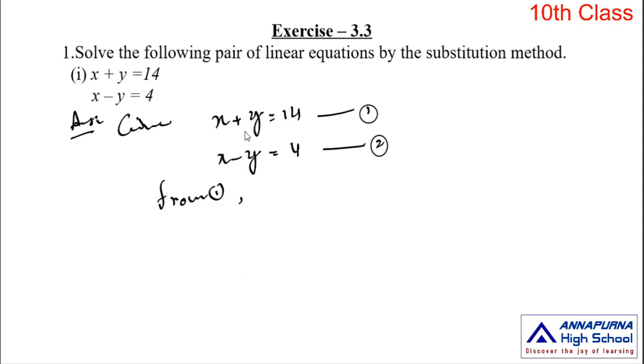That means I transpose this plus y to the right side. We obtain x is equal to 14 minus y. So this is the first step in the substitution method.